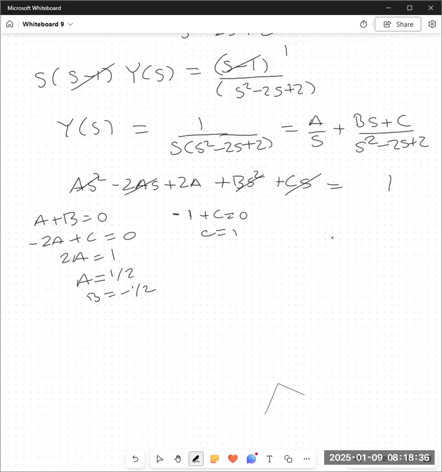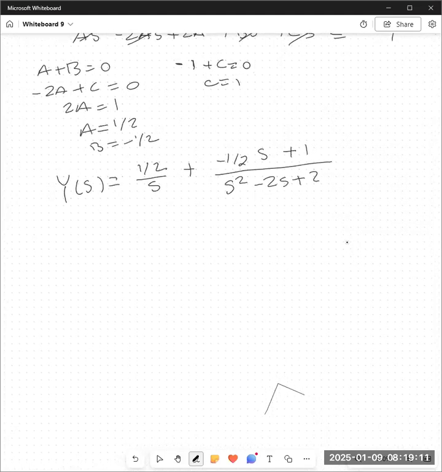So now we have Y(s) equal to (1/2) over s plus (-1/2 s + 1) over s² - 2s + 2.